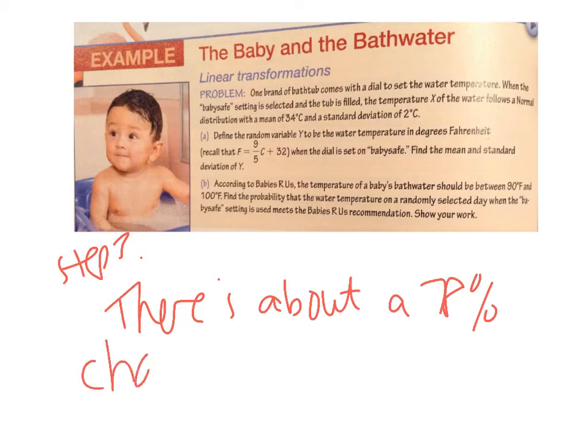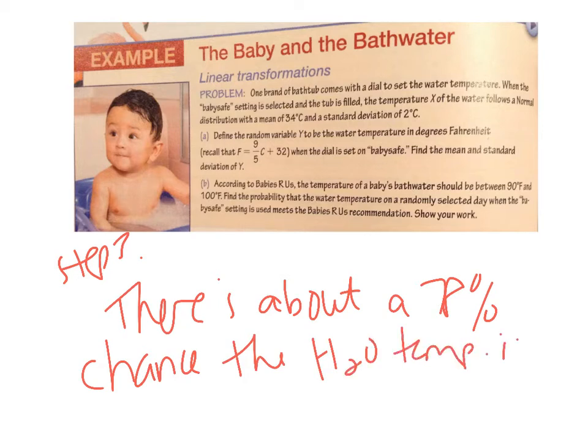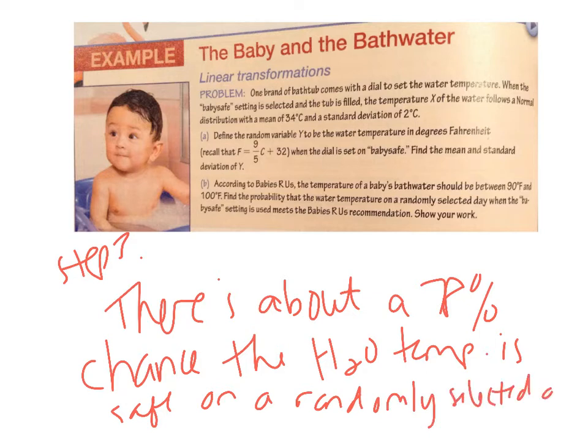There is about a 78% chance the water temp is safe on a randomly selected day. And that's how we would solve that problem.